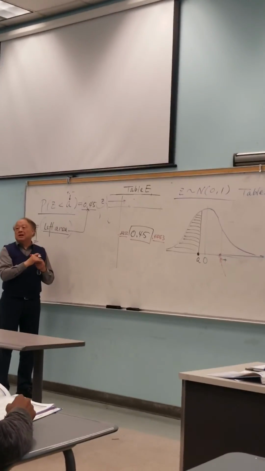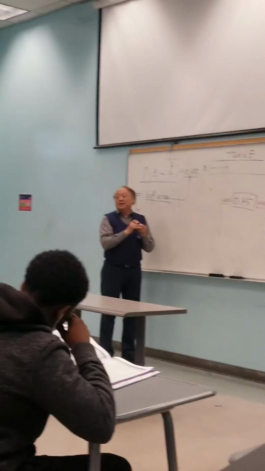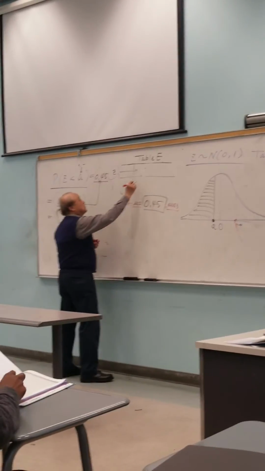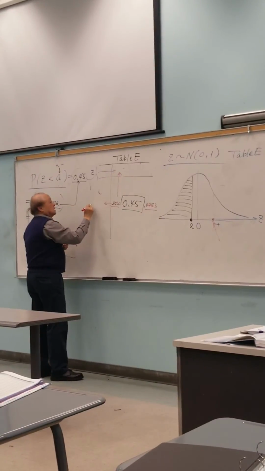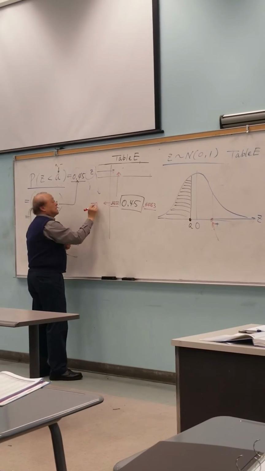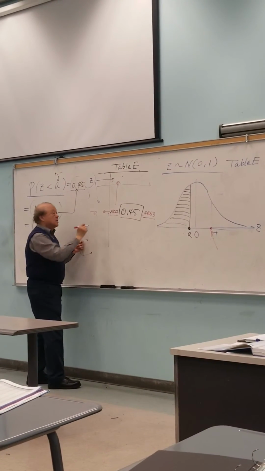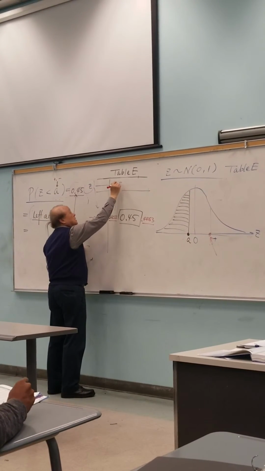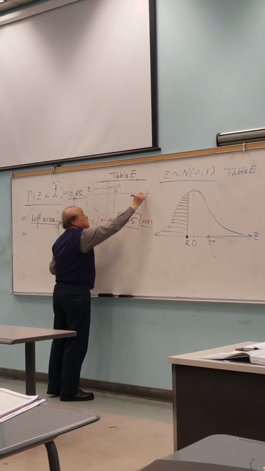Do you see these two are the closest to the left area? Now, what are the corresponding z-scores? Negative 0.12 and negative 0.13.